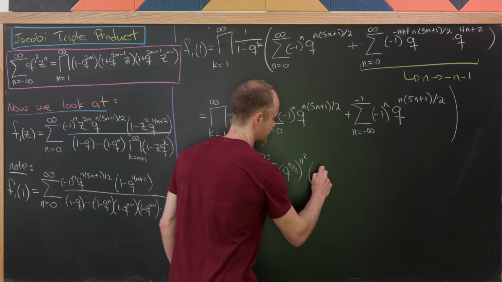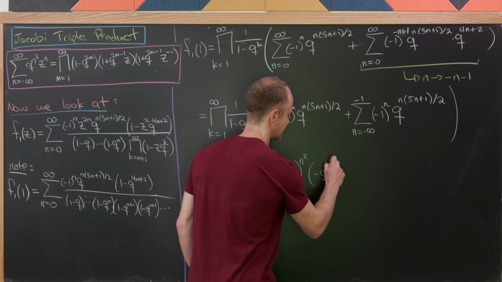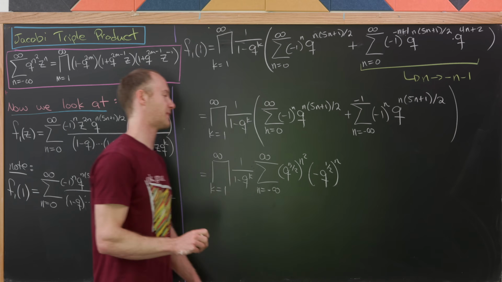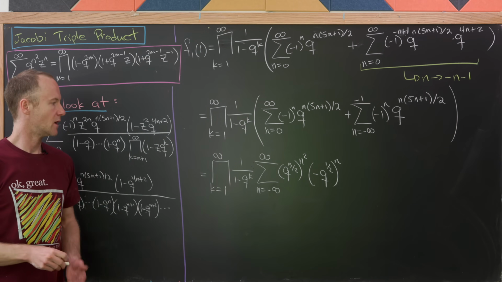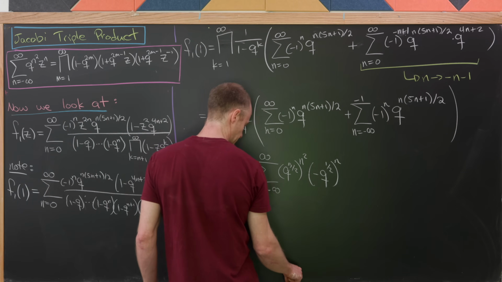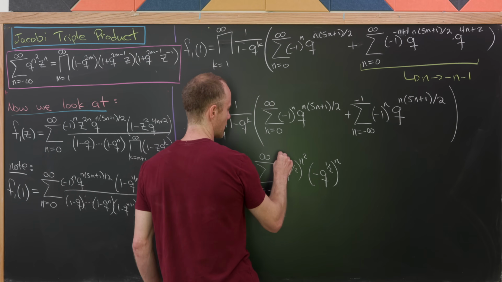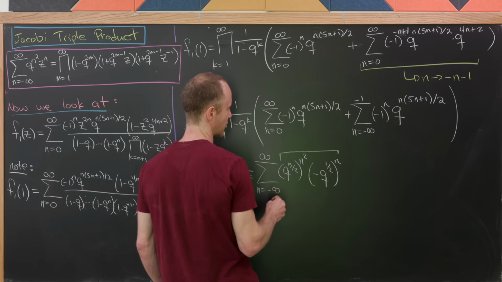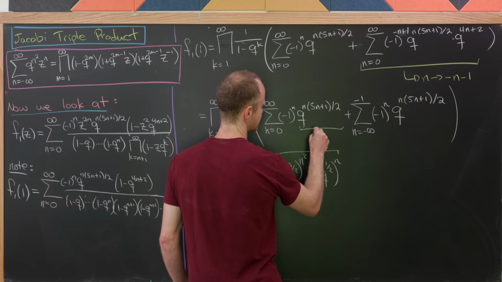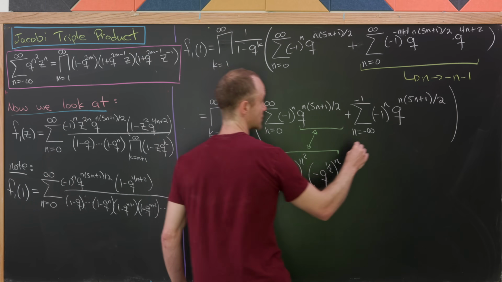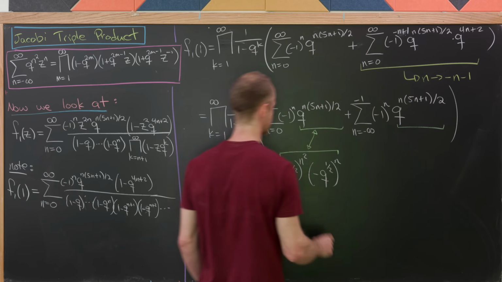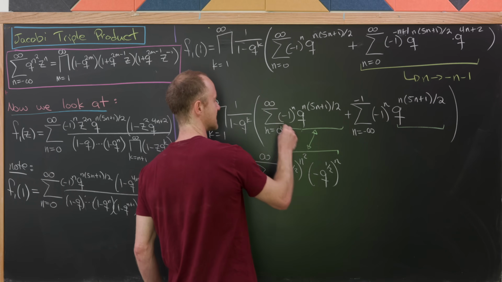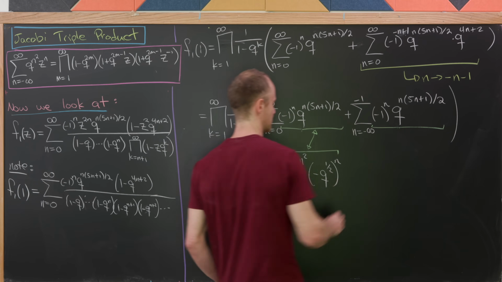And then I'm going to write this next part as a minus q to the half, all raised to the power n. Okay, but notice if we were to rewrite this, this term over here that I'm overlining in green would coincide with this thing that I'm underlining in green here, which of course exists over here as well. Oh, and that should gobble up the minus sign as well.